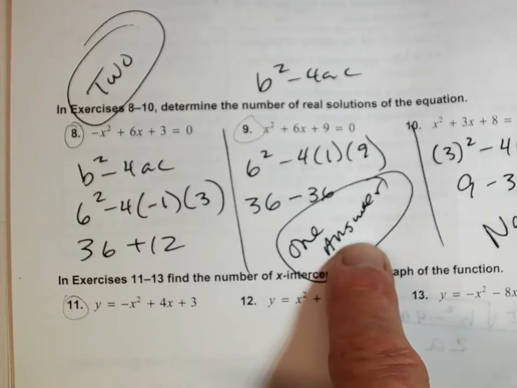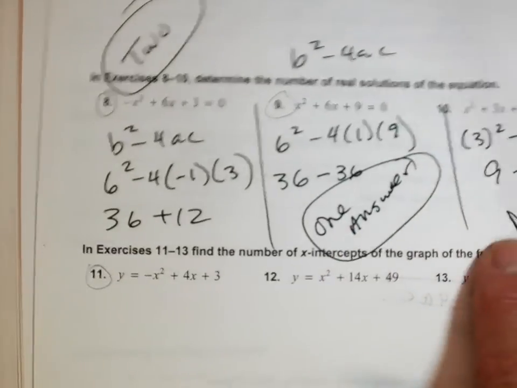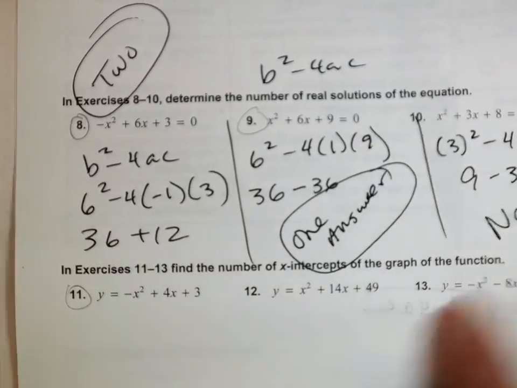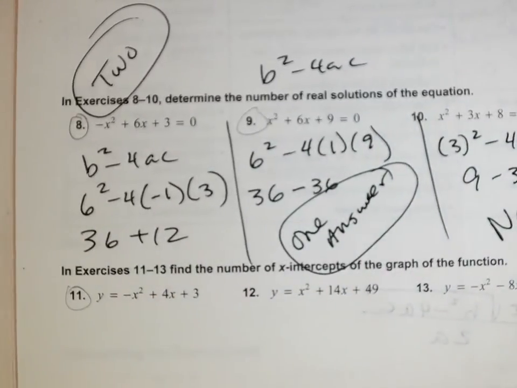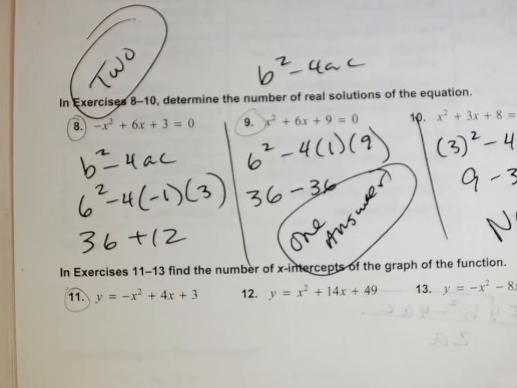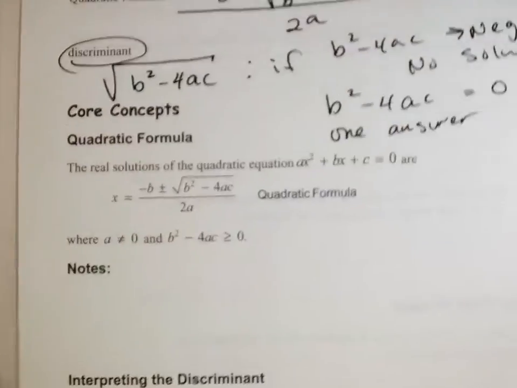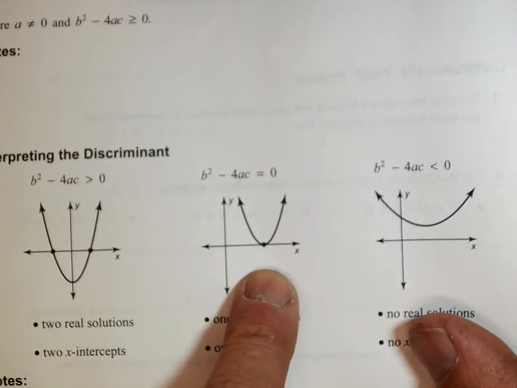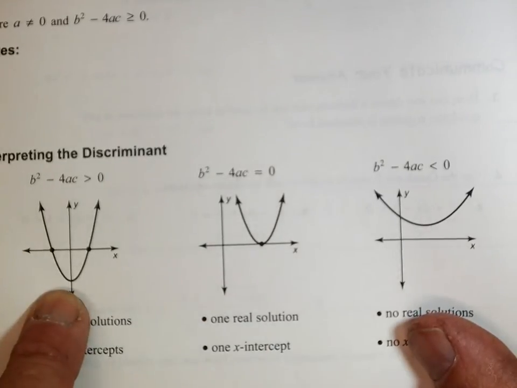No answers, no x-intercepts. So if there's one x-intercept, isn't the graph going like this? It's going like that. If it's 2, it's like that, or inverted. Yes, I would agree with that.